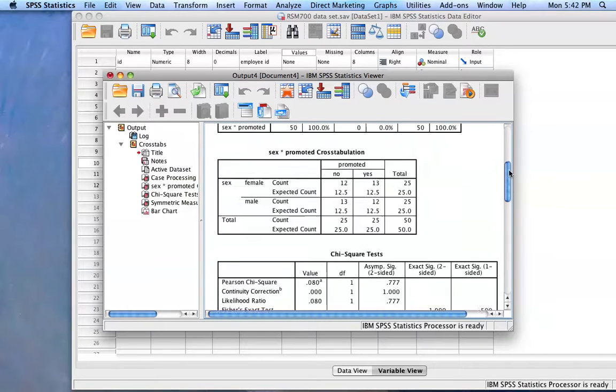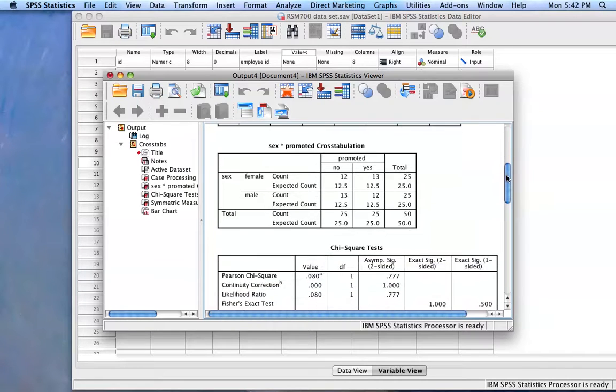We're also going to look at the difference between the observed and the expected. So here, because we had 25 participants in each category, you can see that in the total boxes, we would expect to have 12.5 in each of our 2x2 boxes. And you can see that that's pretty close.